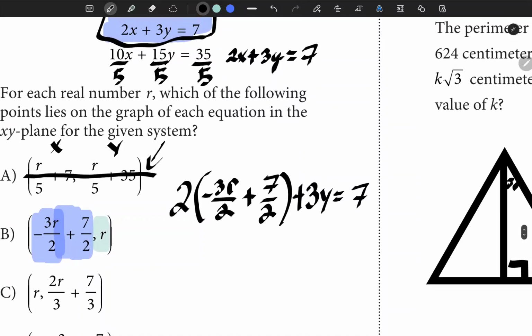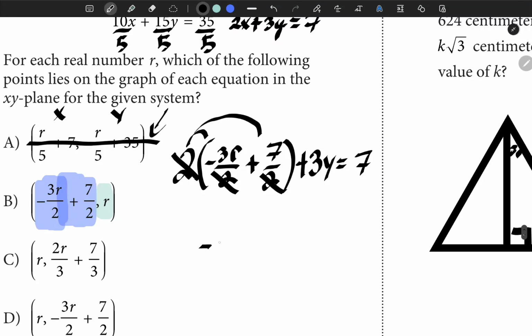We're going to multiply this over here. The benefit of this one is it's actually pretty easy. The 2s cancel, and we end up with negative 3r plus 7 plus 3y. Pretty easy. Now, we also have 7 over here.